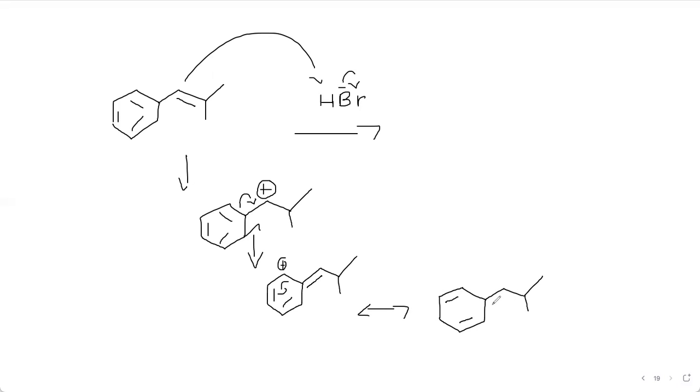And so this intermediate is so stabilized because it can do resonance all around the benzene ring like this. So secondary benzylic, even though it's secondary, is more stable than tertiary because of all the resonance it can do.